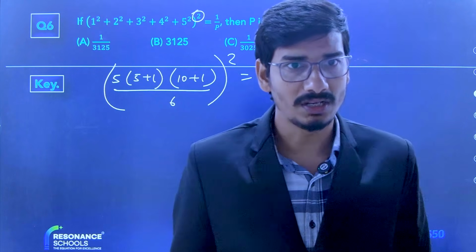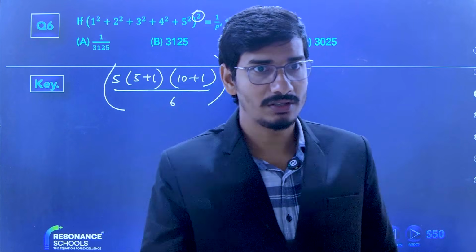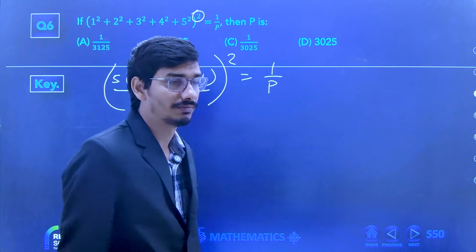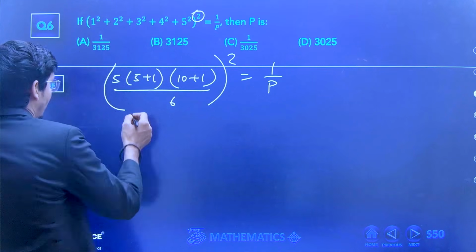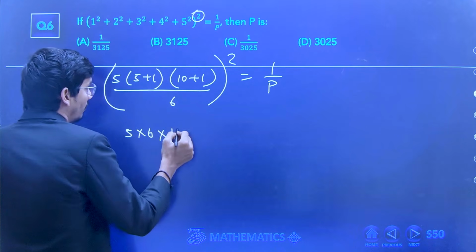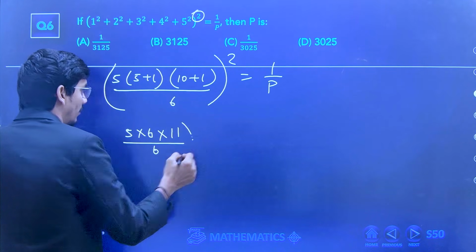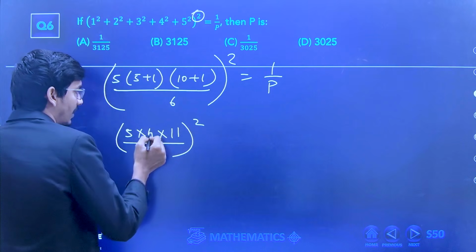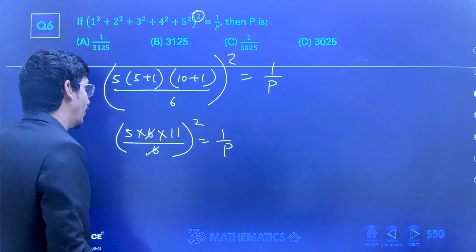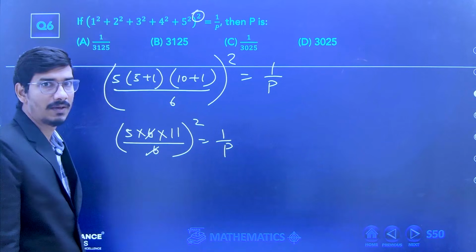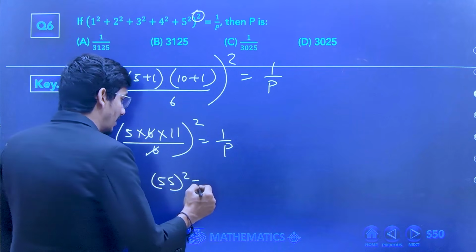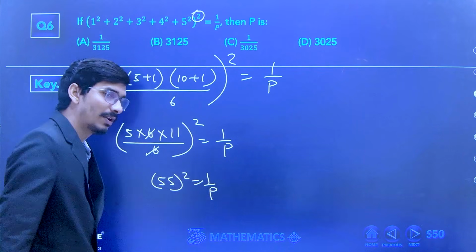But the formula will not come again. I already told you to take the screenshot. I erased that formula. Simplify, beta. 5 into 6 into 11 by 6, whole square. 6 and 6 cancel. So what do we get, beta? 5 into 11, that is 55. 55 square equals 1 upon p.